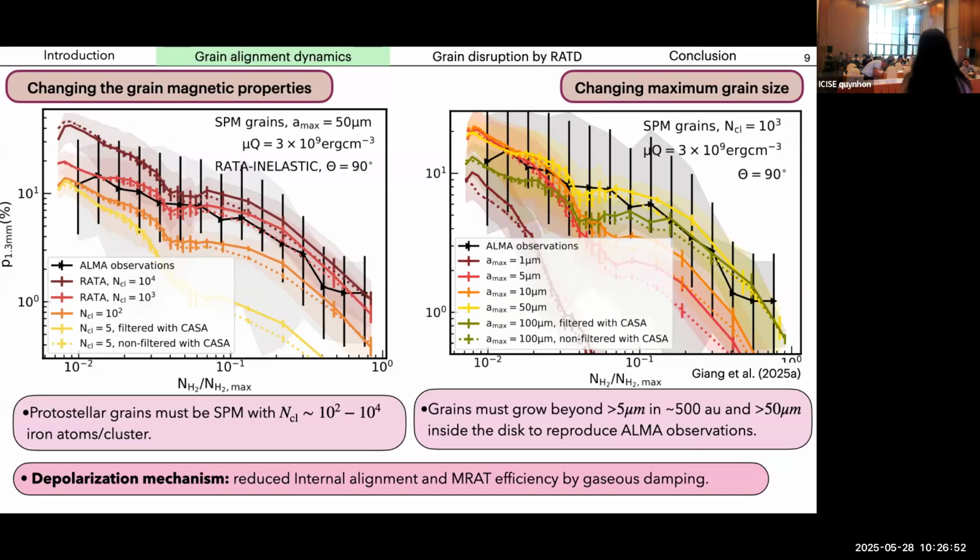Yeah, so we haven't looked into the details of the turbulence at molecular cloud scales and disk scales, but what we assume here is that the grain drift is always perpendicular to the magnetic field. Of course, in specific environments, we have different mechanisms that induce drift across the magnetic field.